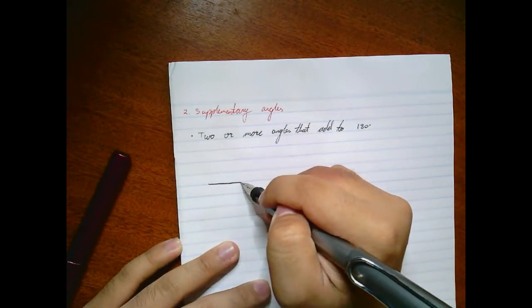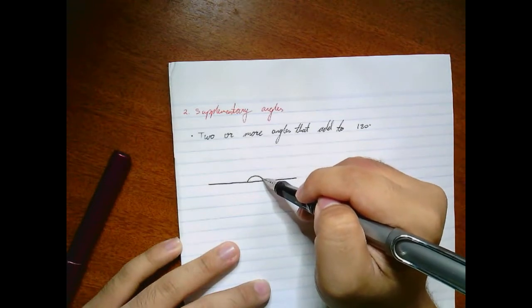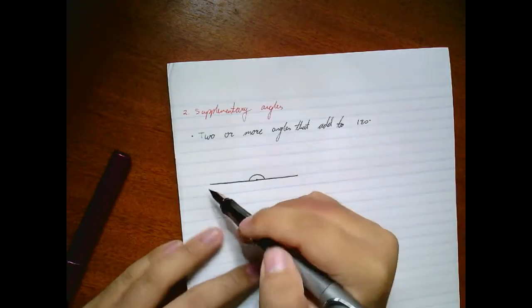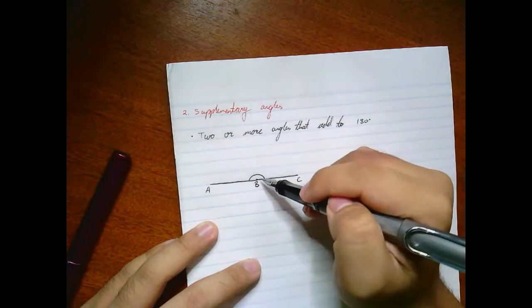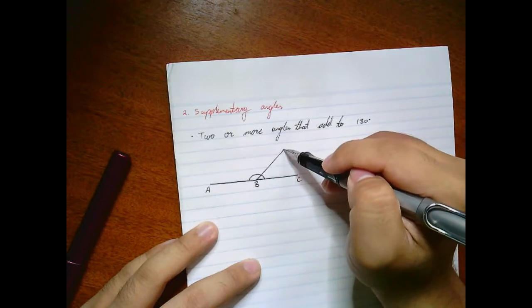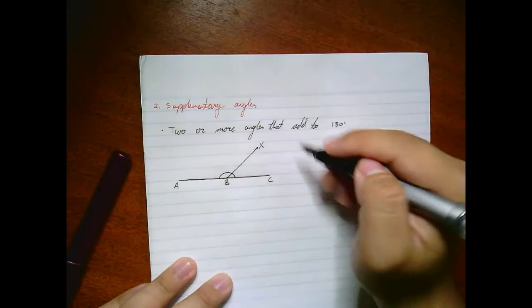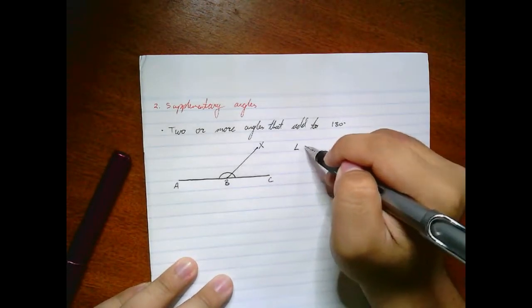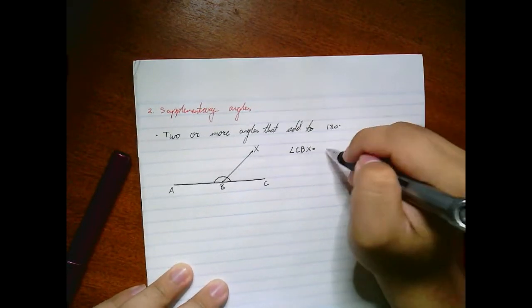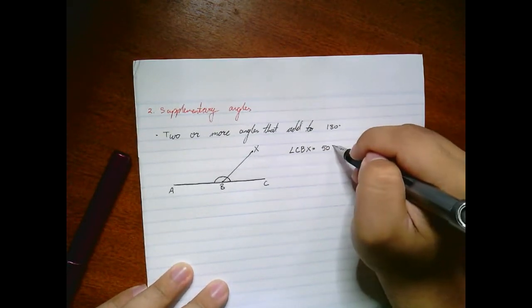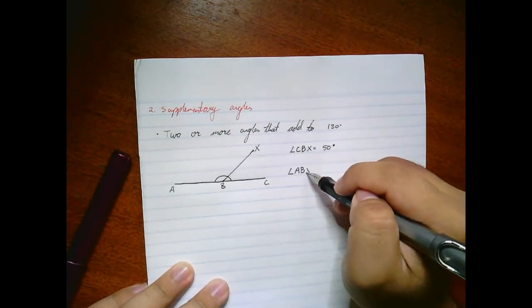So here's our straight line. That's 180 degrees. So that is angle A, B, C. But if I extend this over here, there's our point X somewhere. And if we said that angle CBX is equal to 50 degrees, what is angle ABX equal to?